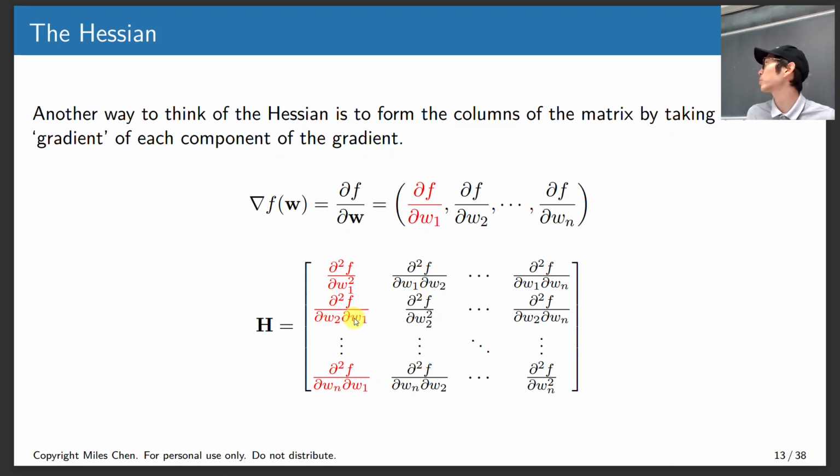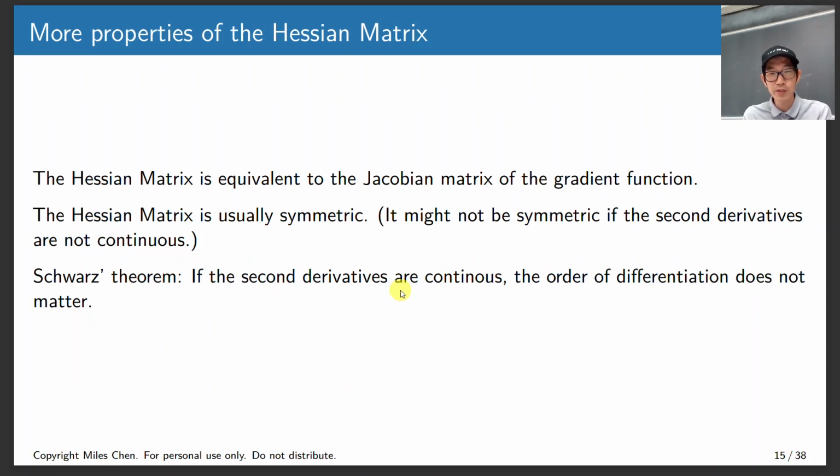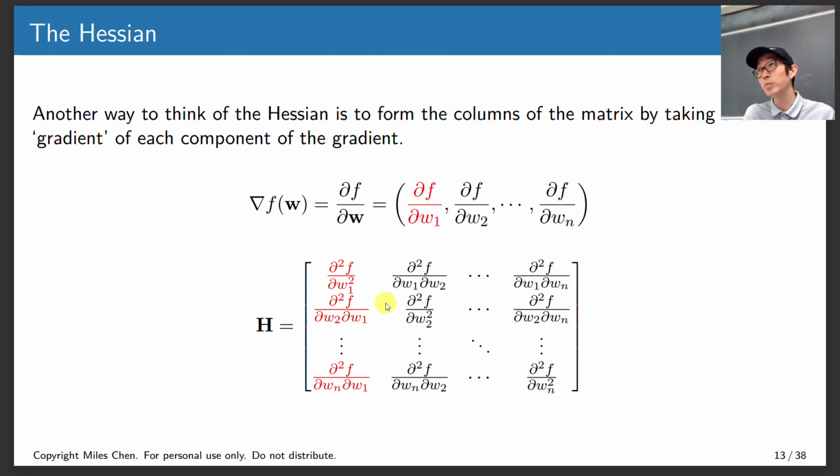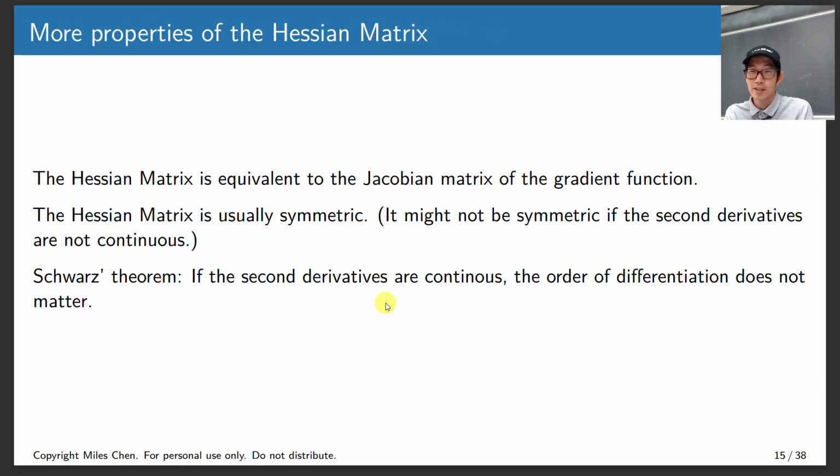Or am I reading this backwards? I don't know. But anyway, Schwarz's theorem says if everything is continuous, then the order in which you do this partial derivative stuff doesn't matter, and this matrix will end up being symmetric. Okay? All right, hang in there.